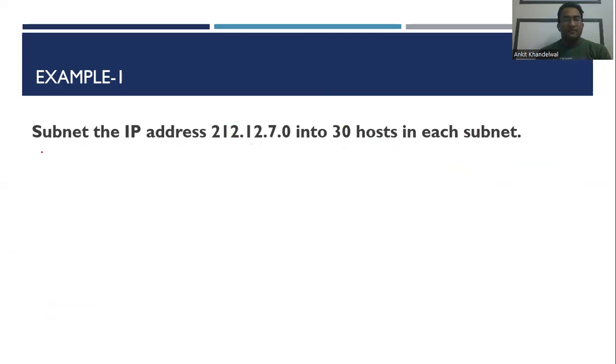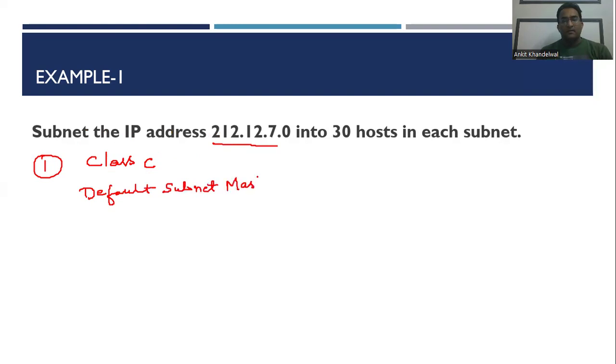Step number one is, we have identified that this particular IP address belongs to class C. So we will note it down, class C. And for the class C, the default subnet mask is 255.255.255.0. Okay, so this is the first step.